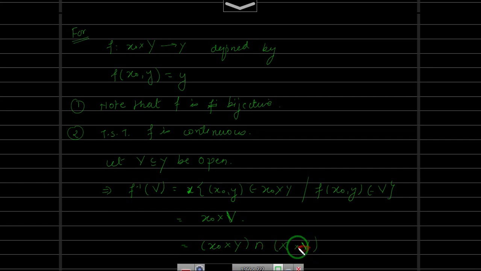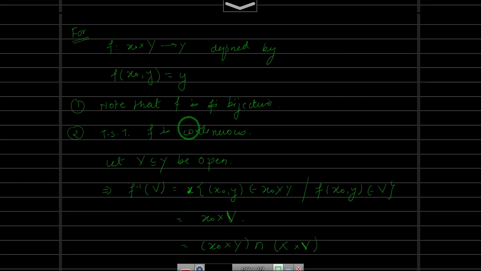with some open set in the whole space, that is, x is open in x and v is open in y, that implies x cross v will be open in x cross y. So altogether we can conclude that f inverse of v will be open in this space, our domain x naught cross y, and that will show that f is continuous.